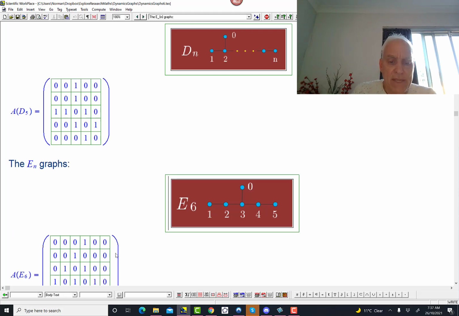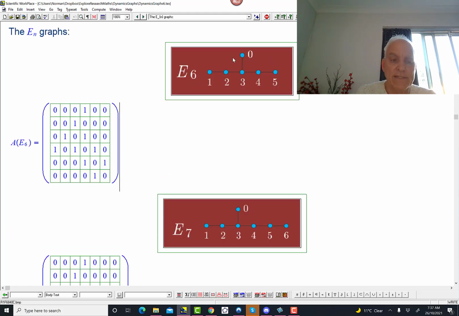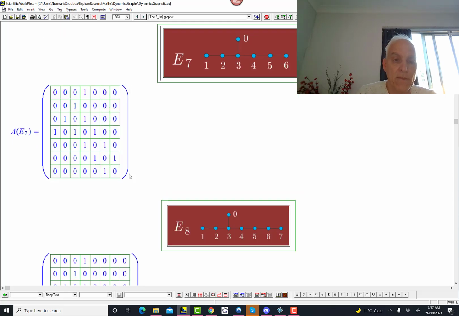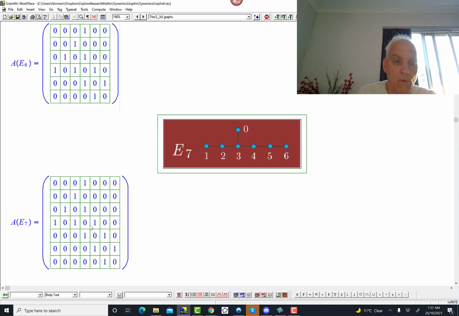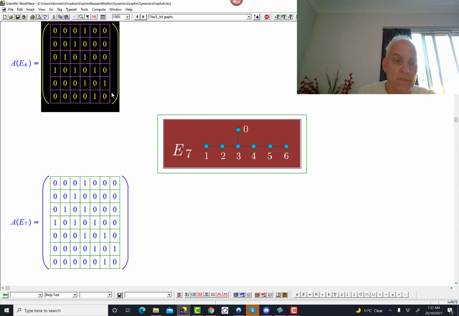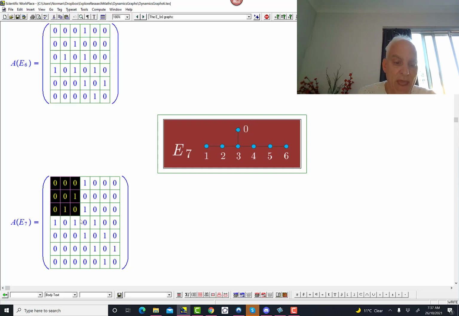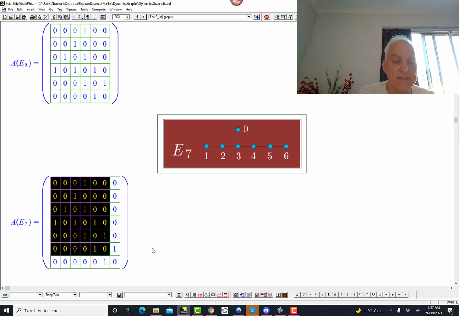Okay, then we have the EN graphs. So for E6, here it is. That's the adjacency matrix. Please stare at it and convince yourself that that's what it looks like. And then for E7, there it is. Maybe it's worth pointing out that since E6 is inside E7 in the obvious way, this adjacency matrix is found inside the E7 one.